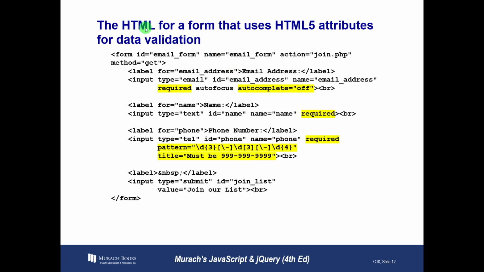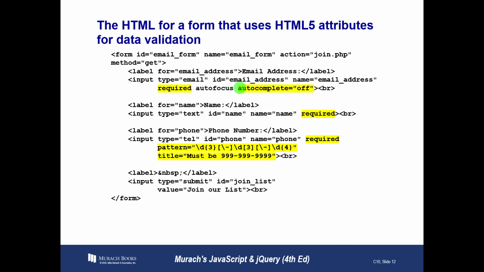And we'll talk about those as they come up. So let's look at our HTML form for email list joining that we've been studying and look at some of these things. We have now required that the email address be entered by just sticking the keyword required right in there into the definition for the email input. It is now required. So not only is it going to check for the @ sign and the dot, it'll also check to make sure they type something at all.